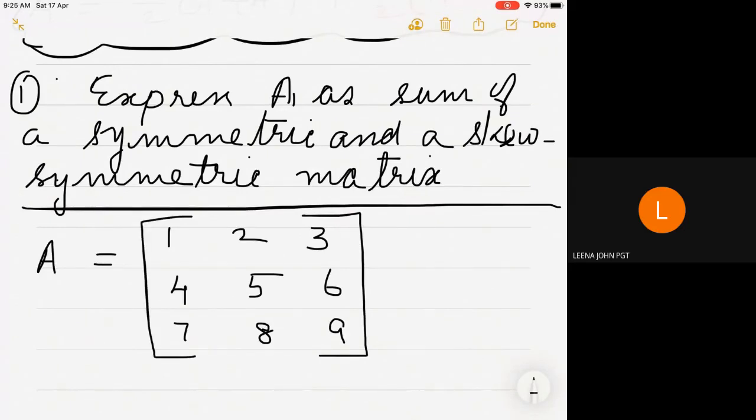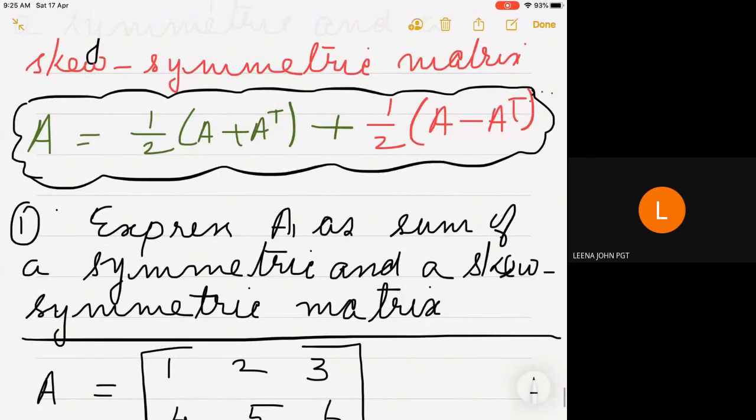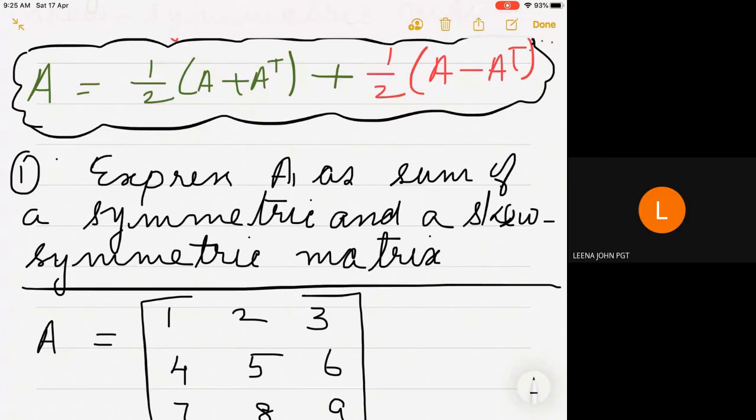If you apply this theorem directly, it is very easy to find. You know that A is equal to half of A plus A transpose plus half of A minus A transpose. So first we will find A plus A transpose, and then A minus A transpose.